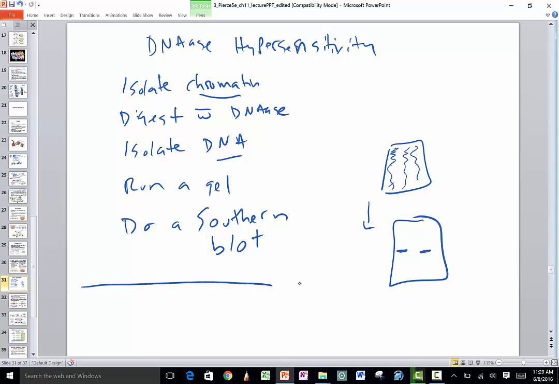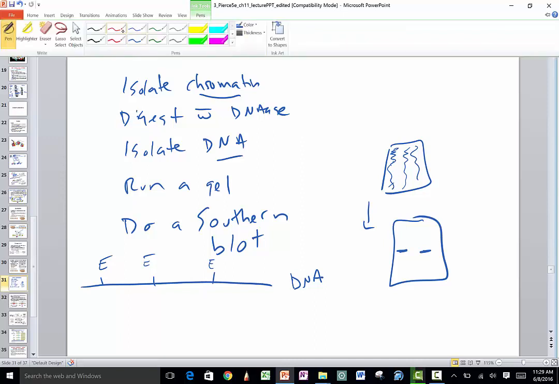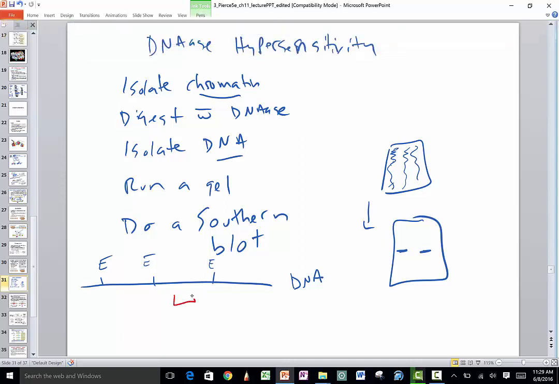So if we've got some DNA and we have some restriction enzymes that cut this DNA, and then we have what's called a probe that can hybridize to that DNA, when we do a southern blot, only this part of the DNA will show up.